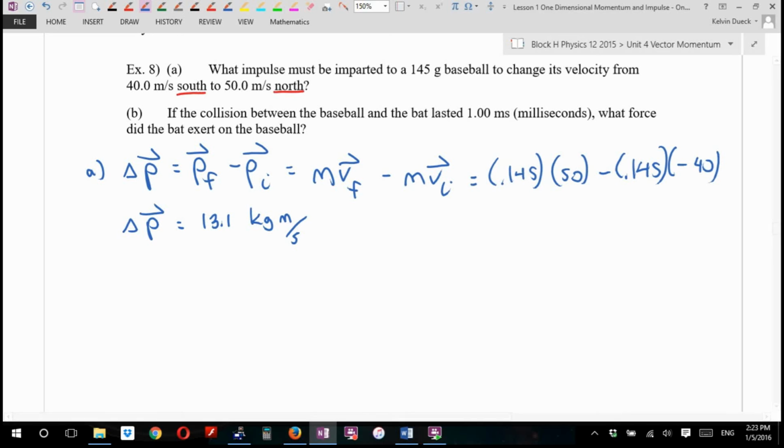Now, Max, if you decided to let north be negative, if you let V final be negative and V initial be positive, you would get an answer of negative 13.1. I would give you full marks for that, because I would just look and see if you were consistent in your work. Okay. Usually, I'll tend to let the final be positive if there's a change in direction, because, Raj, that usually gives me a minus, and I like it when negatives cancel, because the math usually gets cleaner. That's me being really pedantic, though.